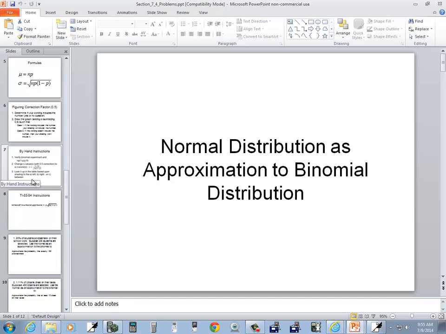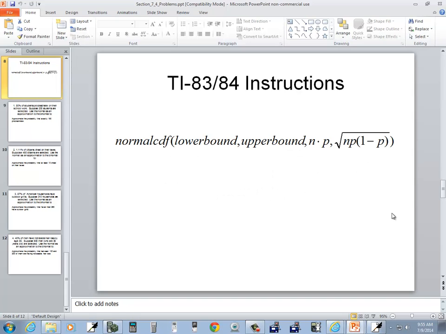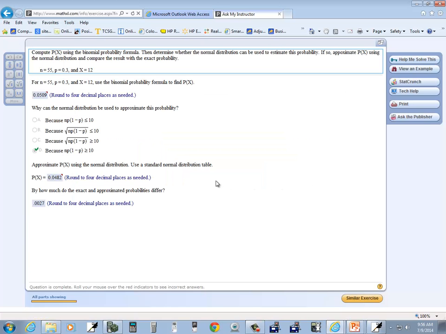And let me see. There it is. Okay, this is going to be our form. We're going to do normalcdf, lower bound, upper bound, n times p, and then the square root of n times p times 1 minus p. But we have to do our 0.5 correction. So let's talk about that.